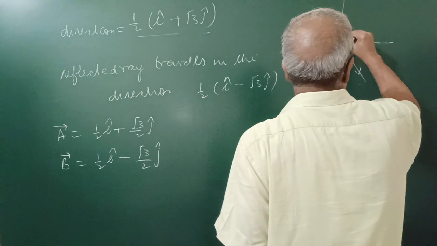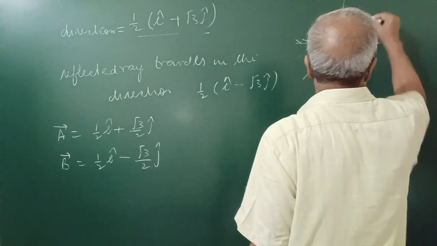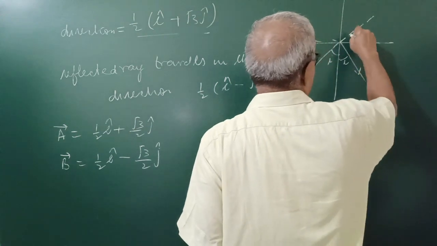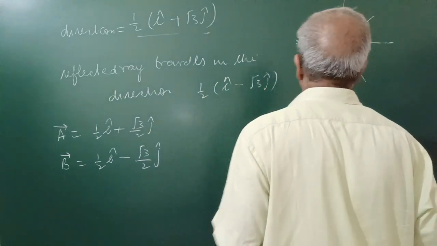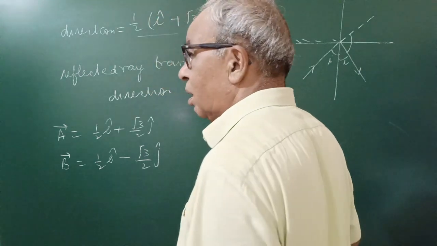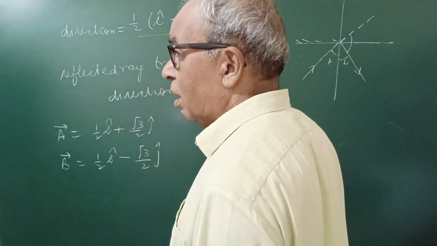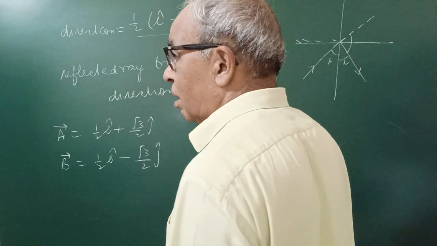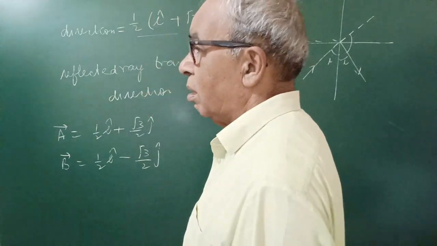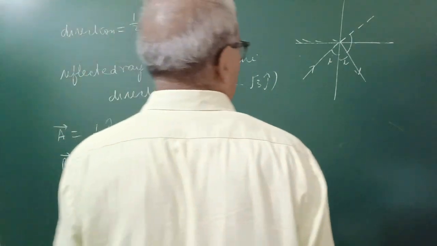So actually the angle between vector A and B is this. Then how to find this angle?